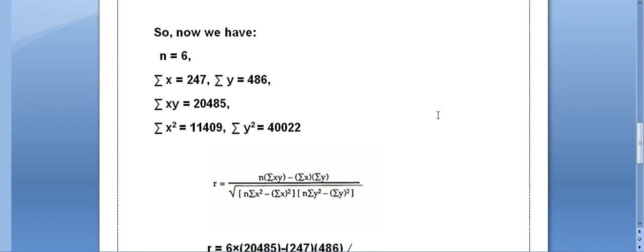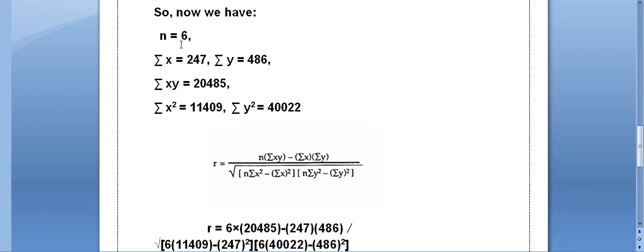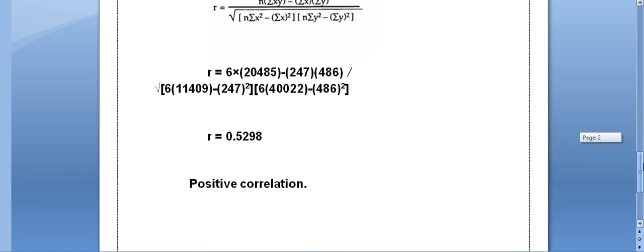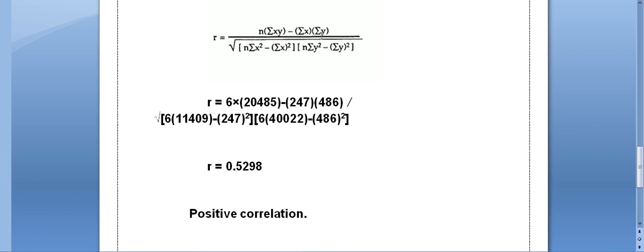Now we will take the formula. I have written the entries here, what is x and what is y. As you can see here, n is equal to 6 since we have 6 entries of x and y variable. Summation of x I have written here, summation of y, similarly summation of xy, x square and y square. Now we have the formula for Pearson correlation coefficient, that is R is equal to n summation of xy minus summation of x into summation of y.